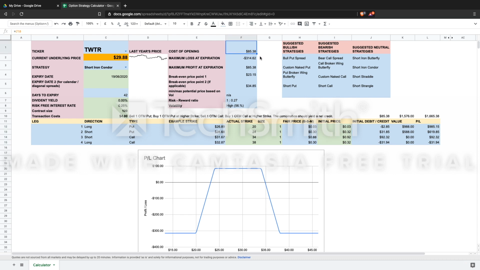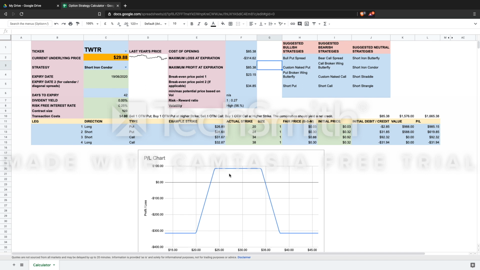The maximum loss at expiration would be $314, and the maximum profit would be $85. And because we're talking about a short iron Condor, we're neutral when it comes to the stock price for the next month or so.